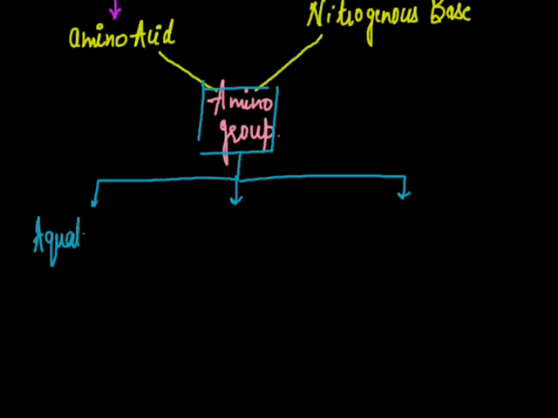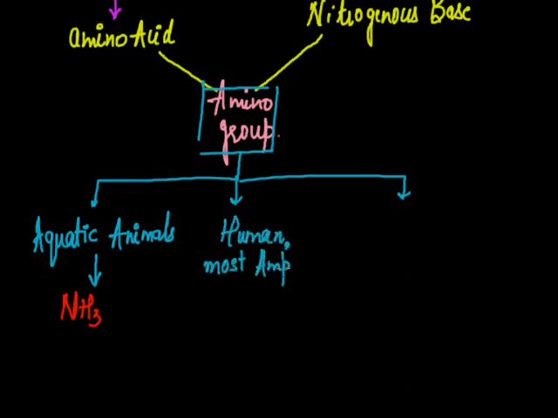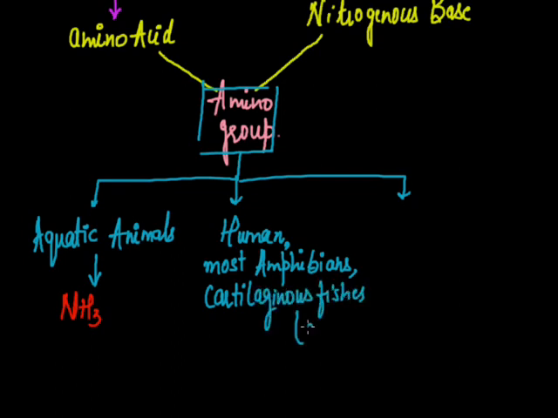Likewise, in aquatic animals, it will yield ammonia, that is NH3. Likewise, in mammals, or we can say the best example human, most amphibians, cartilaginous fishes, the good example is shark, they will yield urea as their nitrogenous waste.